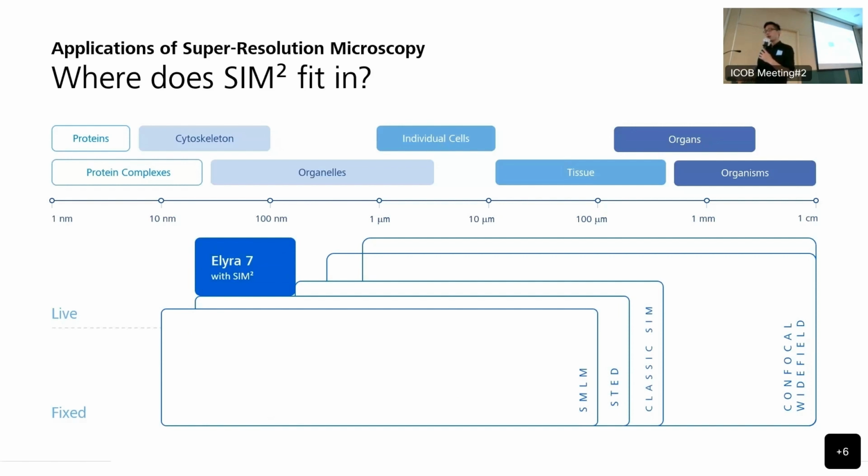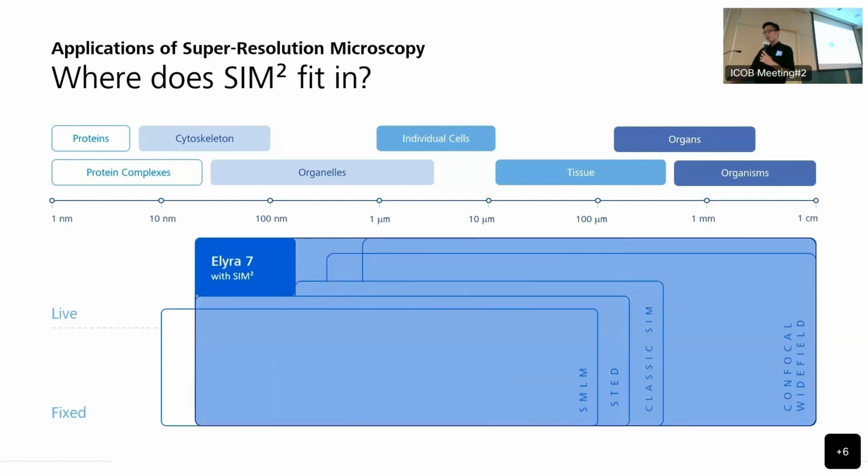If you want to take this kind of data using ELYRA 7, we have a camera instead of the photomultiplier. You can document at very high frame speed, and by applying the SIM square algorithm, we further improve the resolution.